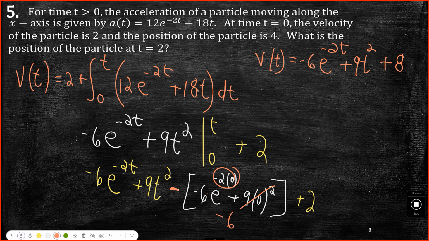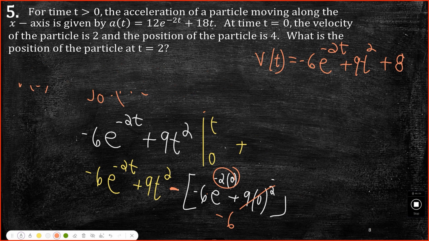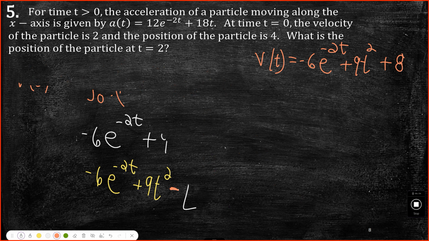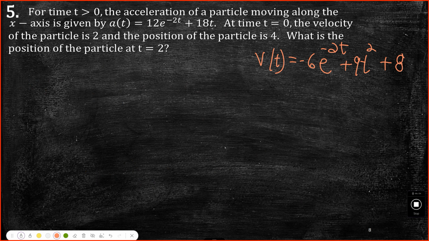So now let's do it again. What is the position of the particle at S of 2? What do we do? 0 here? Plus what? What goes in here? 4? 2?